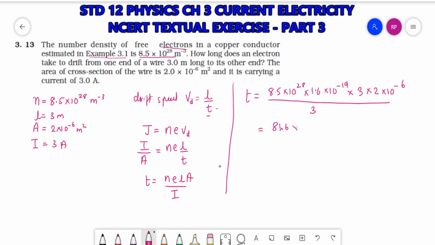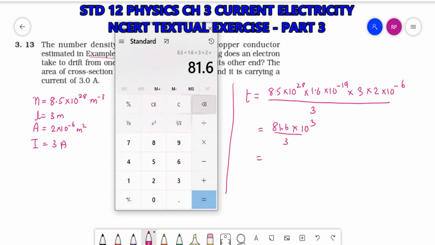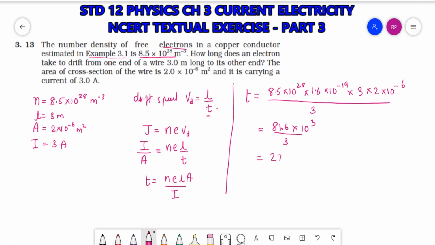81.6 into 10 raised to 28 minus 19, that is 9, 9 minus 6, that is 3, divided by 3. So 81.6 divided by 3 is equal to 27.2 into 10 raised to 3. So this will be equal to 27200 seconds.